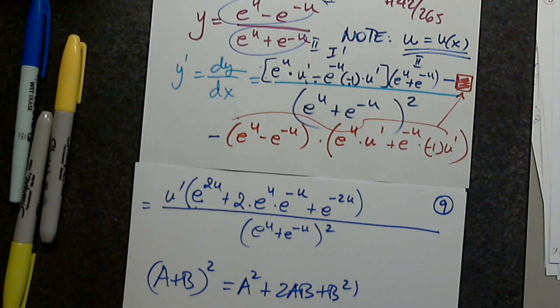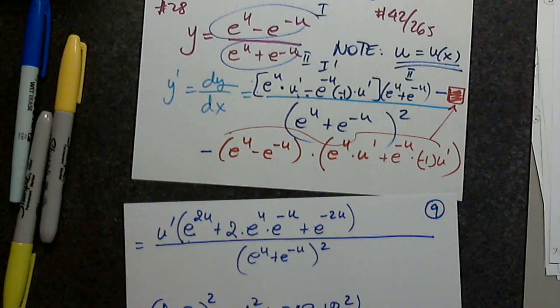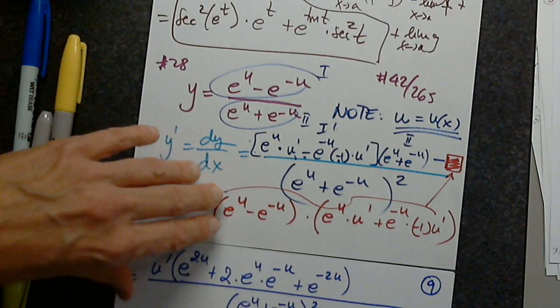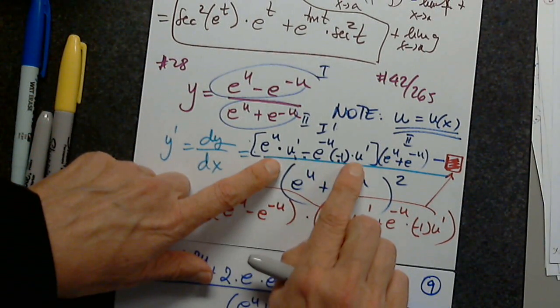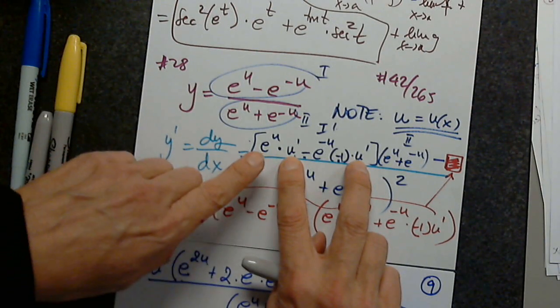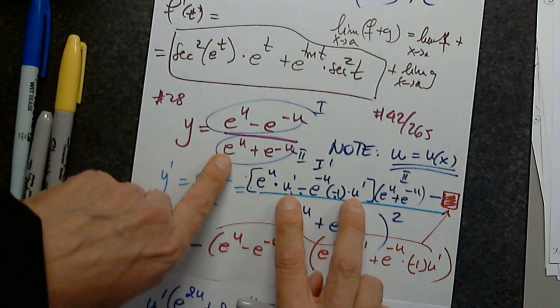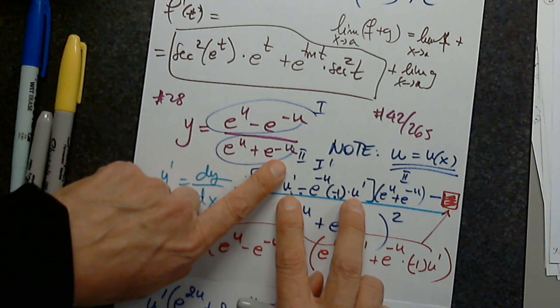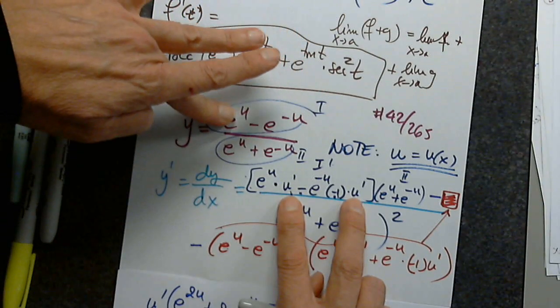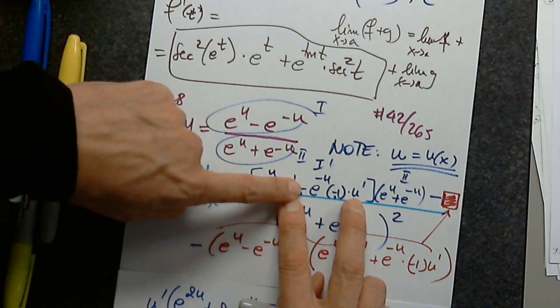Can I ask, let's go to the beginning. So I factored out u prime because it's common. I'm talking about all the way to the beginning. So there's e to u minus e to negative u over, all right. So I differentiate the top, e to u times u prime, and then minus.